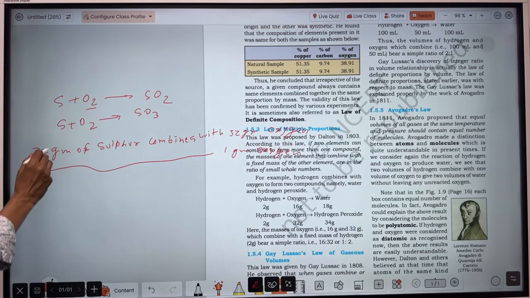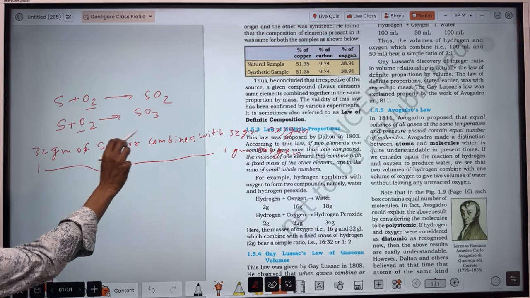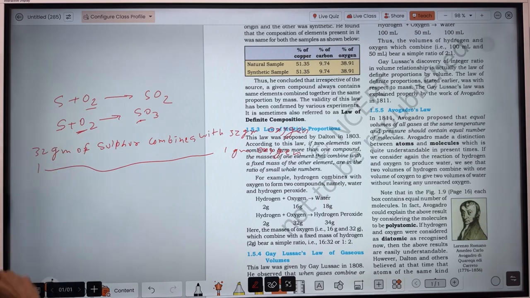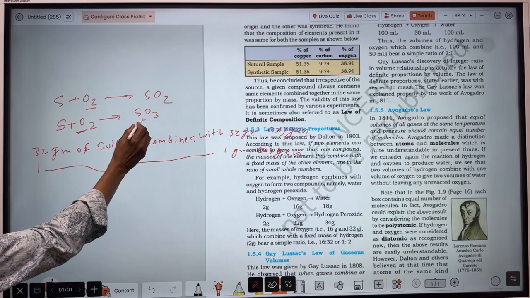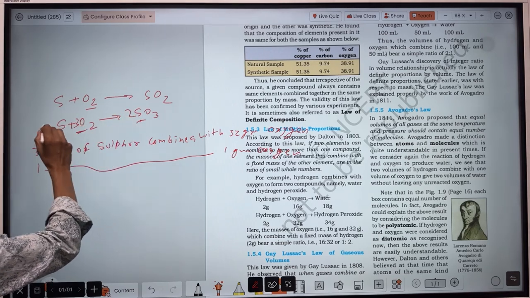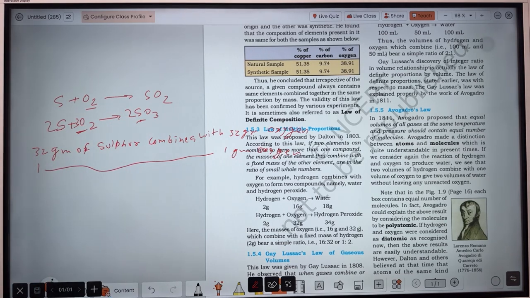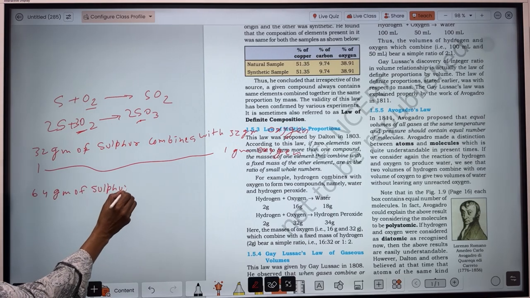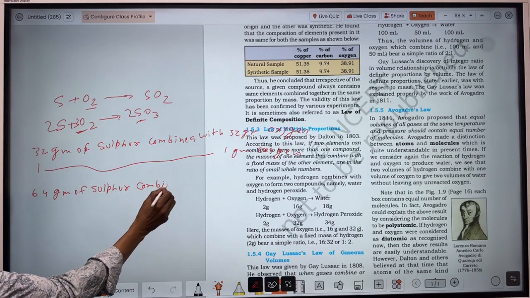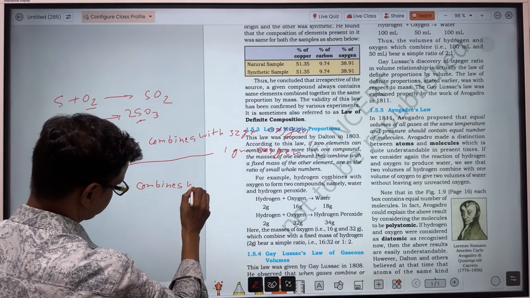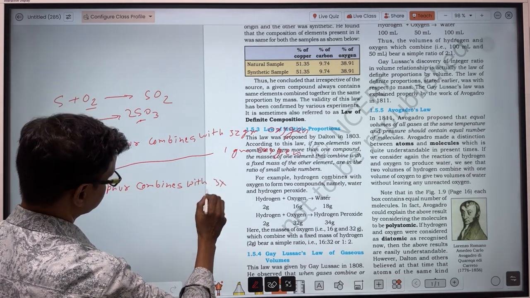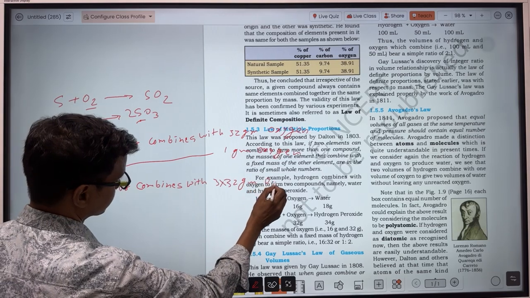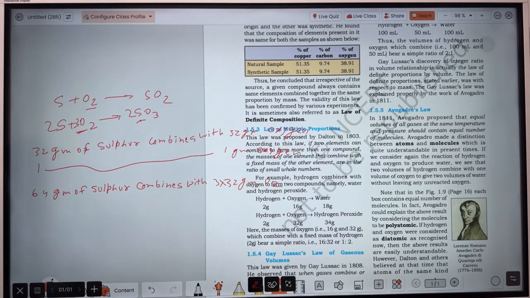In the same way, now in this equation, 32 gram of sulfur reacts with how much? Okay, balance this equation. So 64 gram of sulfur combines with how much? Whatever it is, you multiply by yourself.